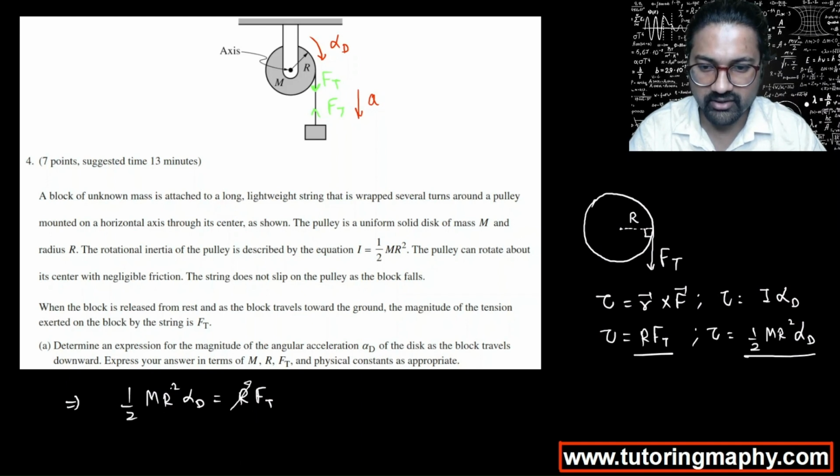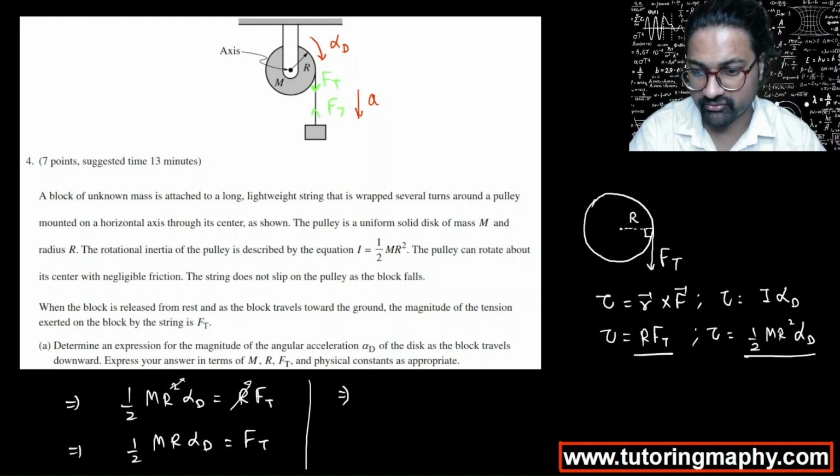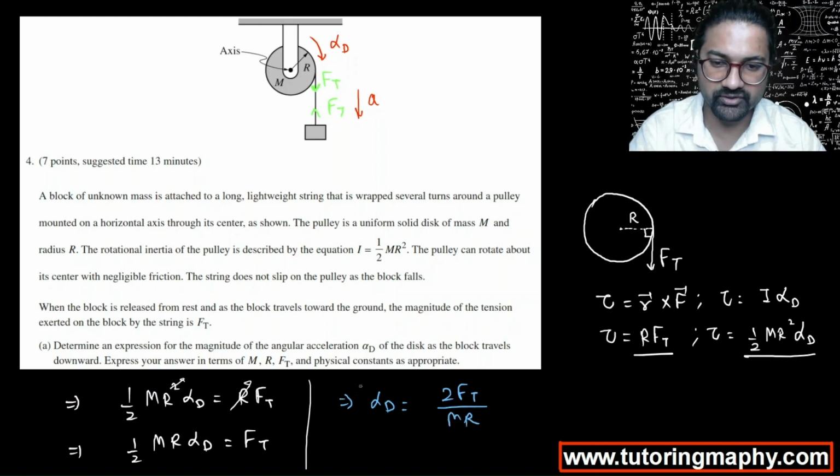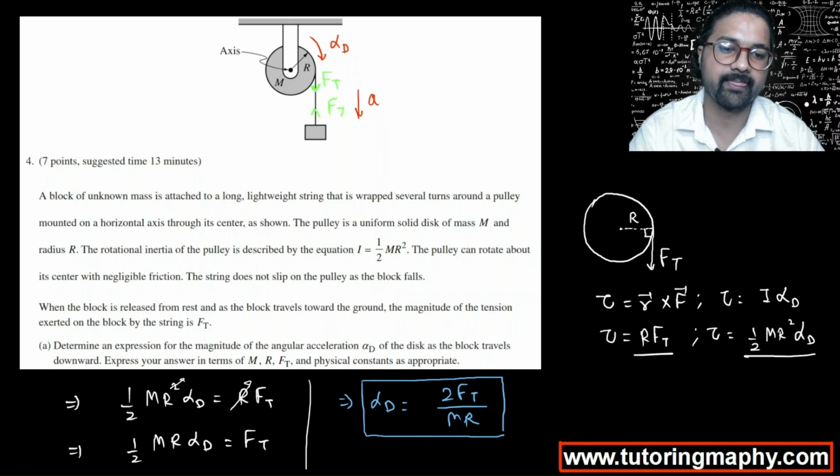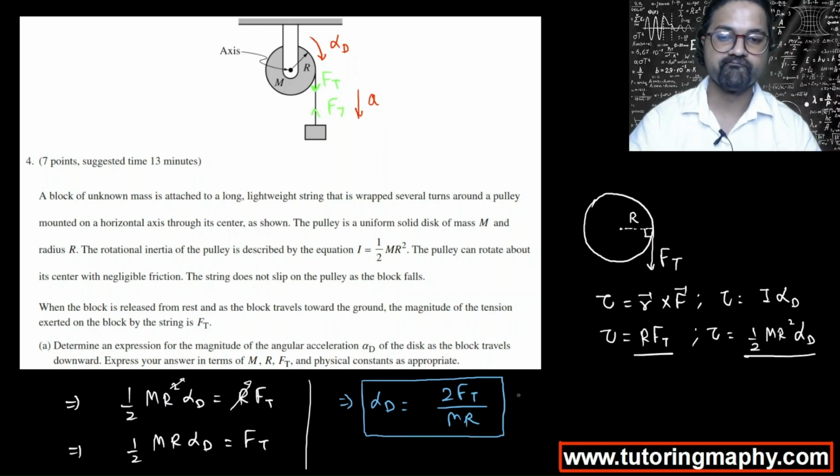This R and this R is gone, and we are left with half m r alpha d is equal to F of t, which means that a little bit of cross multiplication and rearrangement will give me the value of alpha d as 2 times F of t divided by m r. So this is the value of the angular acceleration of the pulley, right?